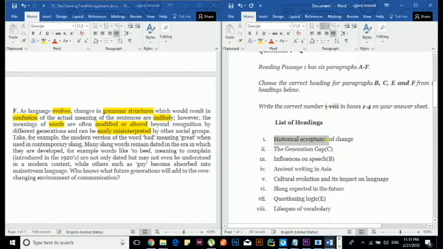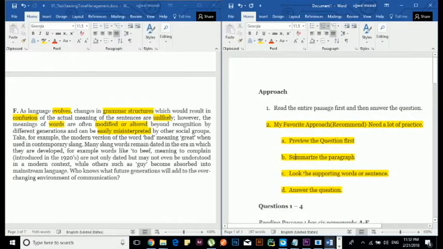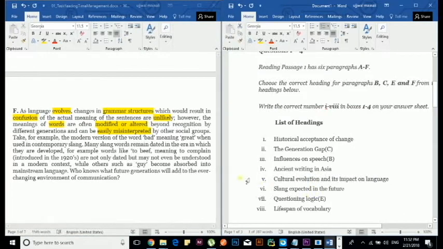No, it's not talking about historical acceptance of the change. Generation gap, no. Influence, no. Already done. Ancient writing in Asia, no. Cultural evolution, no. Slang accepted in the future, no. Questioning logic, no. Lifespan. So, I couldn't find a suitable heading, so let's try out trick number two.